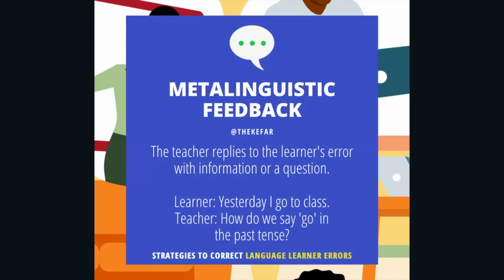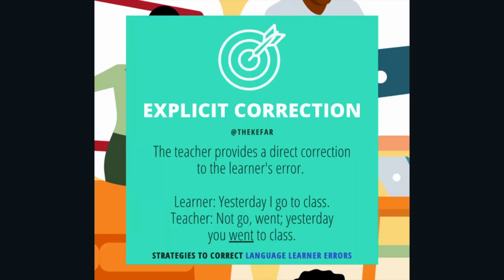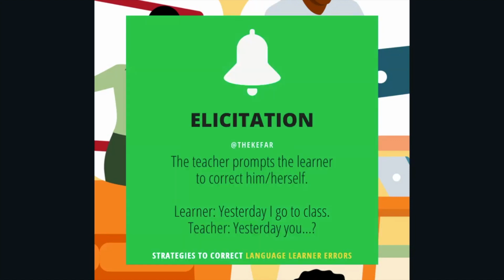Metalinguistic feedback is when you ask a question or provide some information that's related to the error that the learner made and in helping them fix it. Explicit correction is when you explicitly correct the mistake. In elicitation, you're repeating what they said, but you're pausing before the error and giving them an opportunity to, again, identify and correct their own mistake.